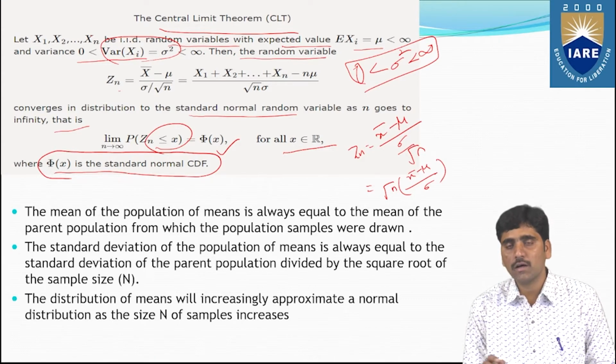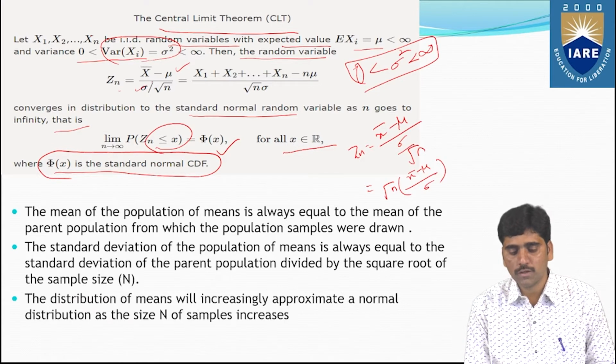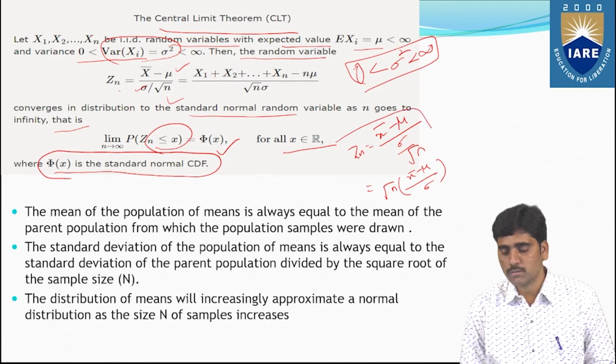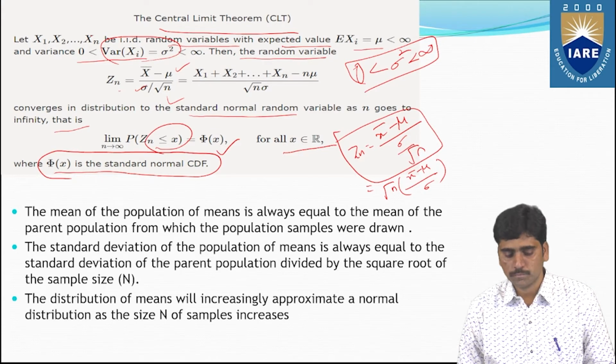Here X bar is the sample mean, mu is the overall mean and sigma is the standard deviation, and n is any number, so we can rewrite it as the formula Zn equals (X bar minus mu) by (sigma by root n).